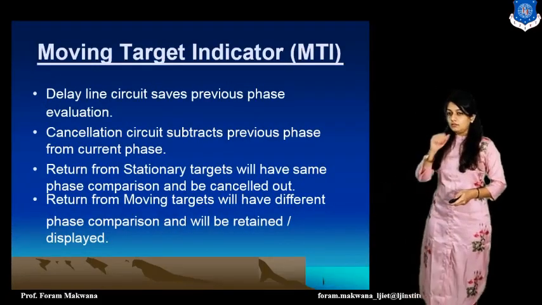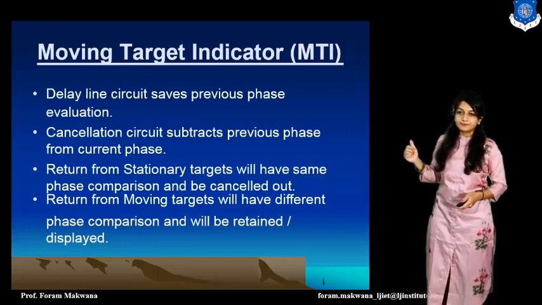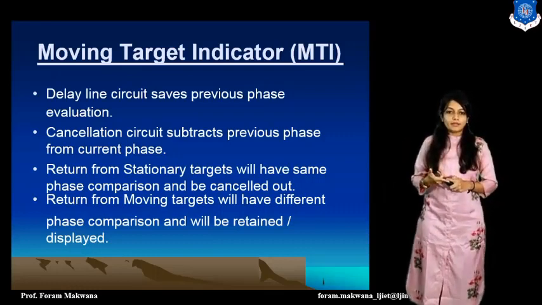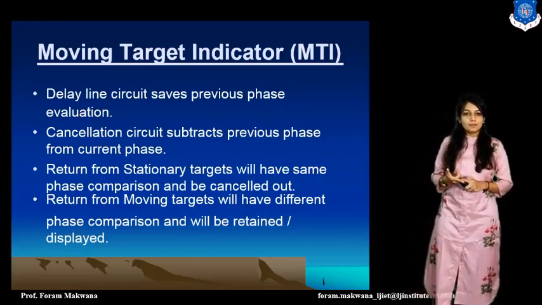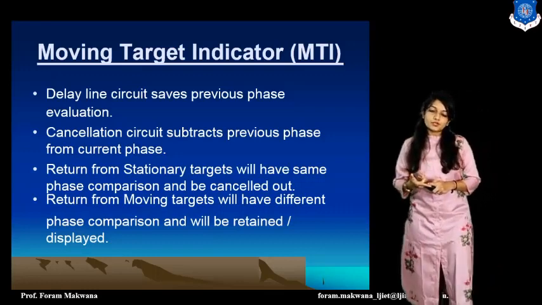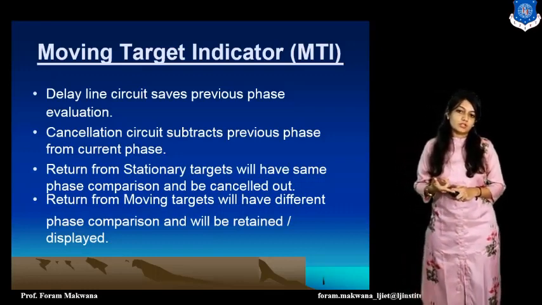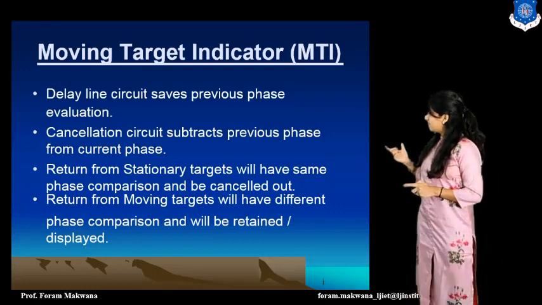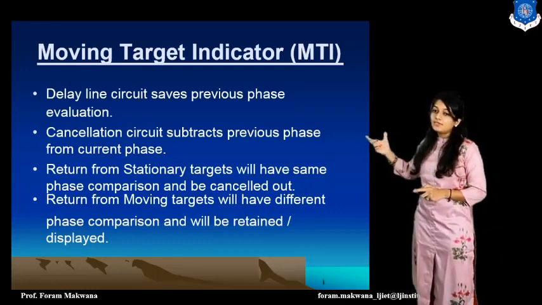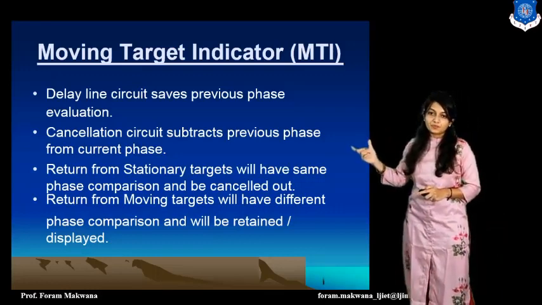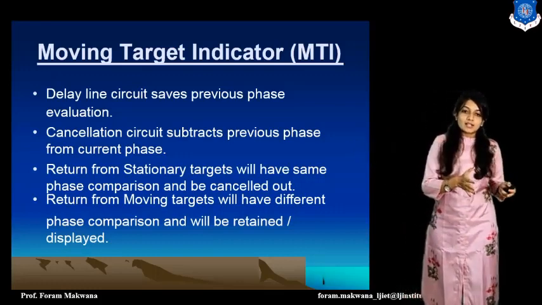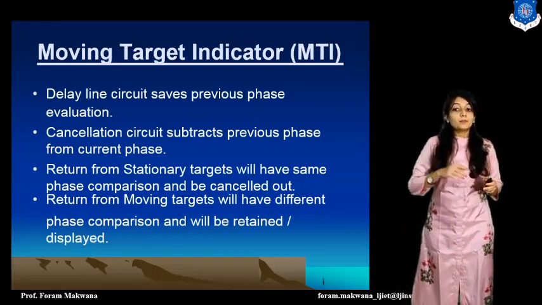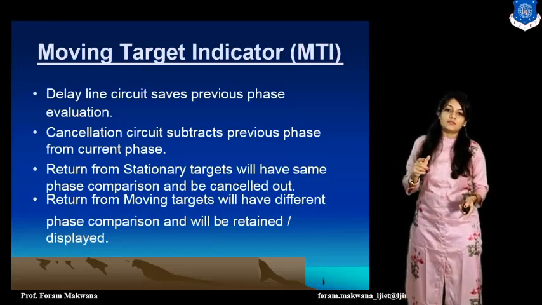Now, what is MTI? If we are going to use MTI with a PPI display, we need to use a delay line canceller. The delay line circuit saves the previous phase, because this cancellation circuit will subtract the previous phase from the current phase.